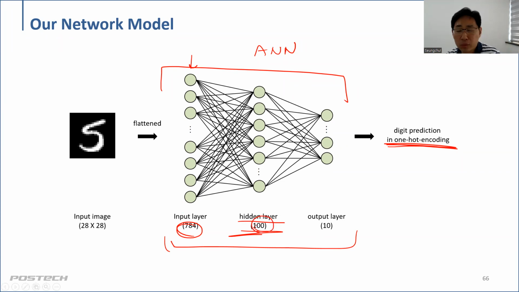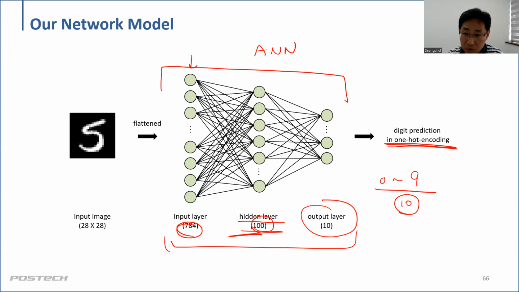Of course, that's not the optimized one. I'm just showing you one example. And the output, since we have 0 to 9, it's 10 classes. So that's why we have 10 neurons in the output layer. That's the structure that I designed.